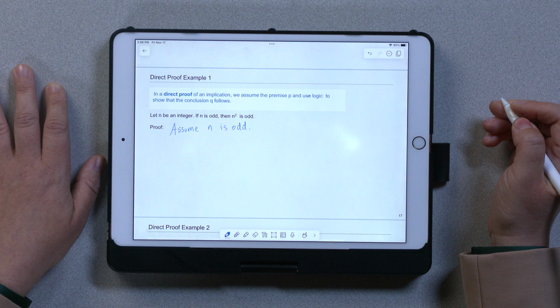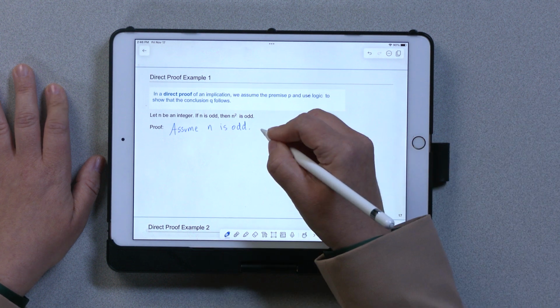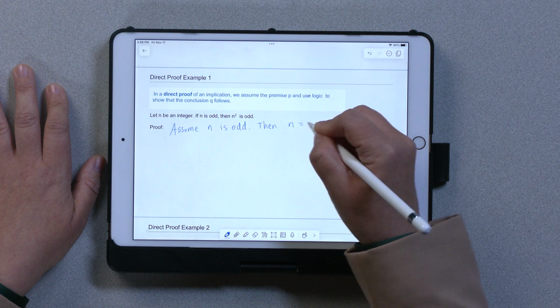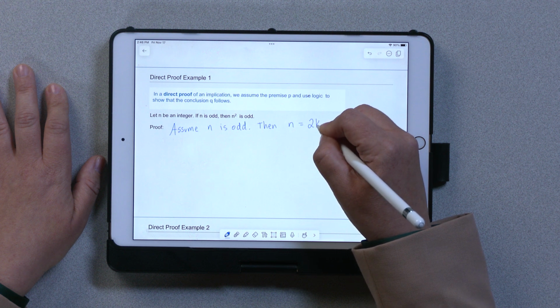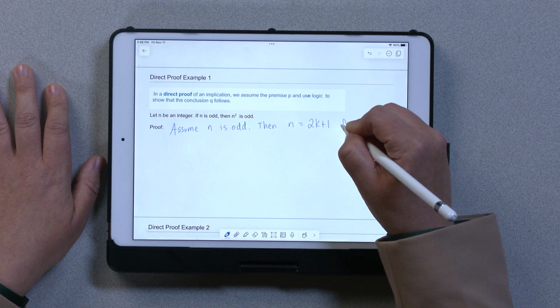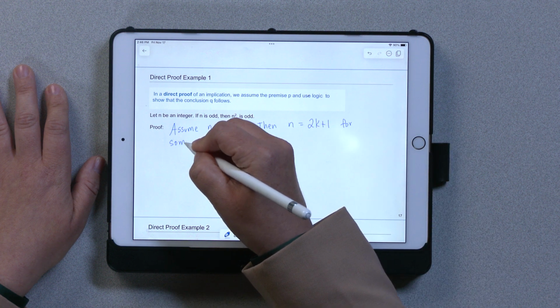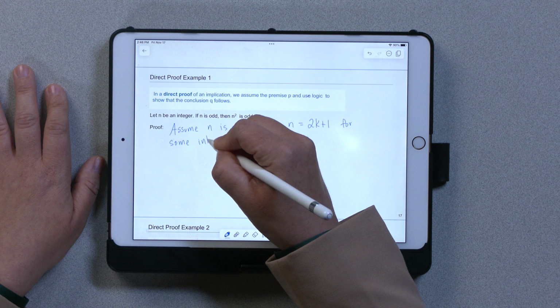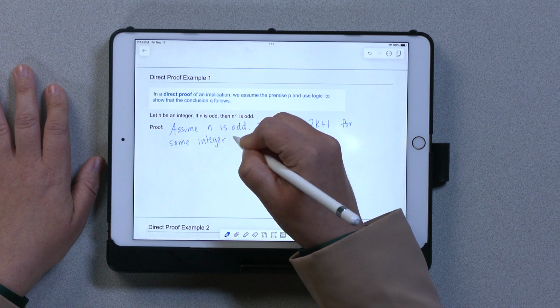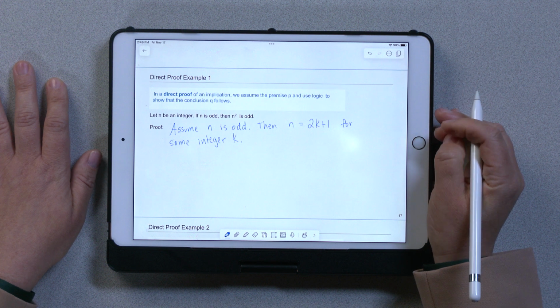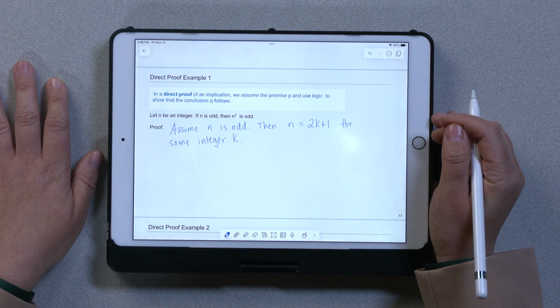So the one thing that we know, if n is odd, then n equals 2k plus 1 for some integer k. Now we want to show the conclusion. The conclusion, Q, is that n squared is odd.